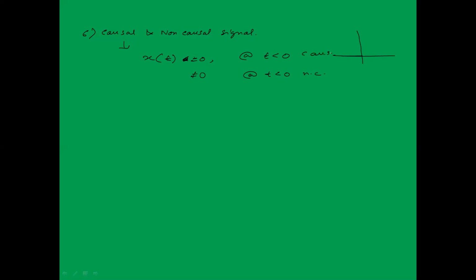This is a causal signal. Suppose I give x of n equal to x of n plus x of n minus 2 plus x of n plus 3. This was for continuous time signals; for discrete time signals, if x of n equals 0 for n less than 0, then it is called causal, and if not equal to 0 for n less than 0, then it is called a non-causal signal.